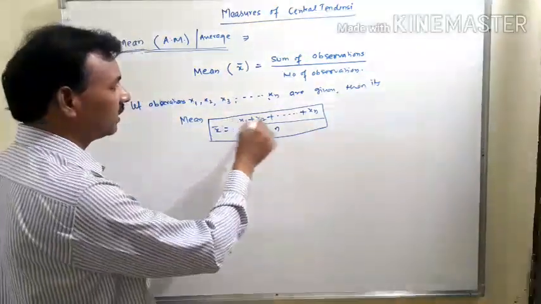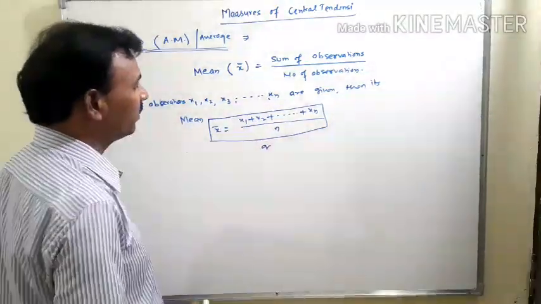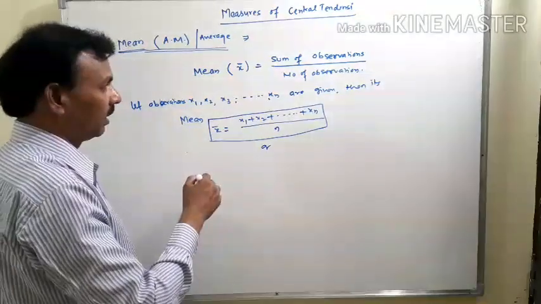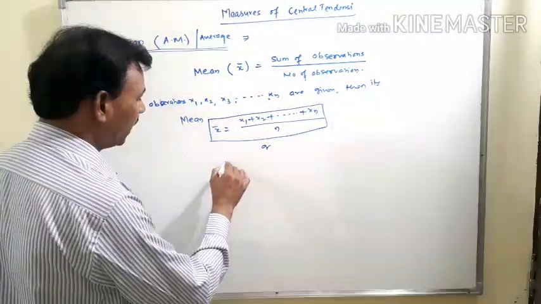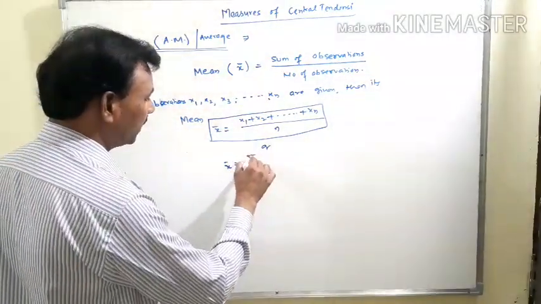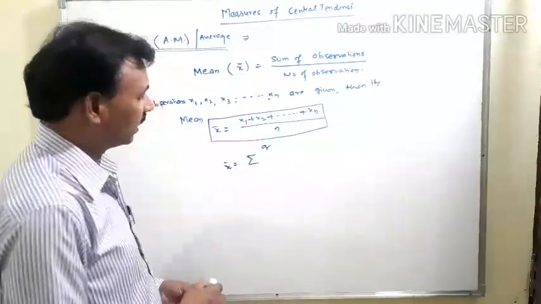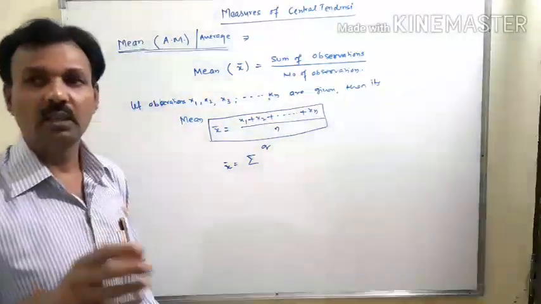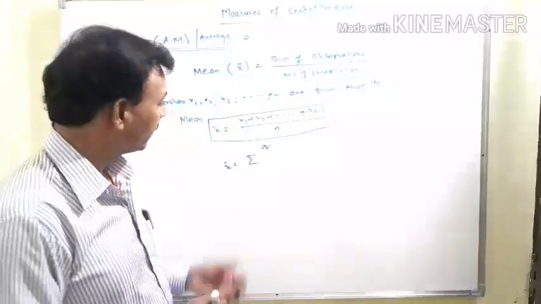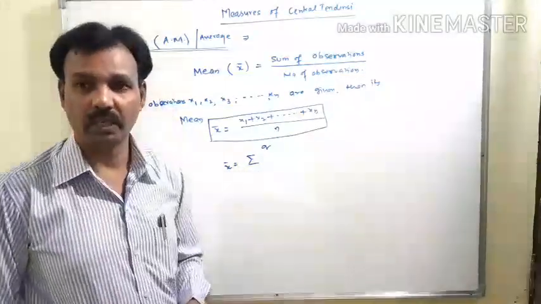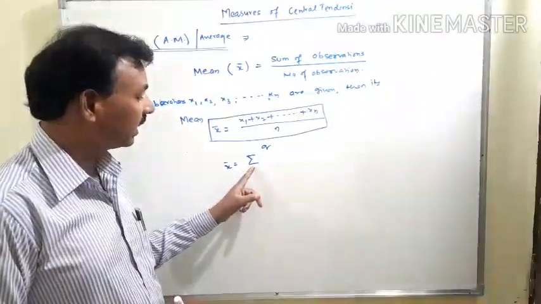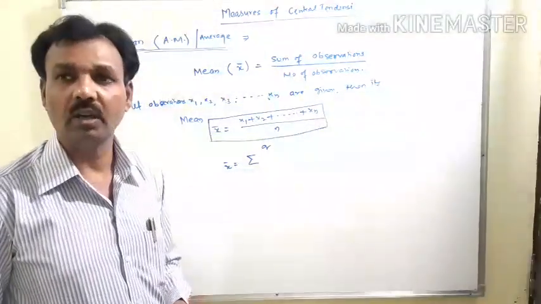Now we can write this in another form mathematically. X bar equal to summation, this sign, a tip to remember, is the horizontal shape of capital M. This sign is read as summation or sigma.